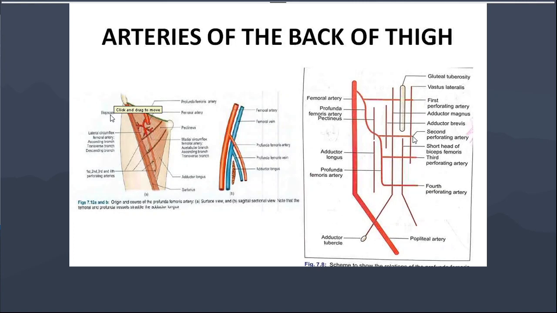Now we can see this is the trochanteric fossa. In this region of the trochanteric fossa there is the occurrence of the trochanteric anastomosis.